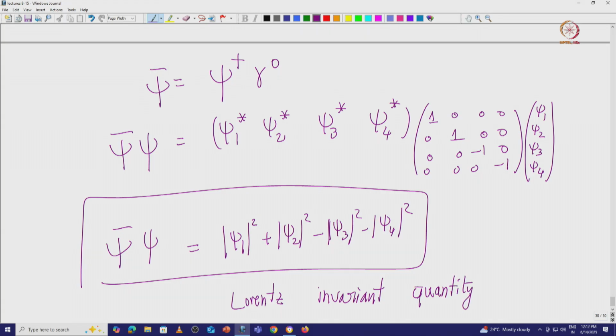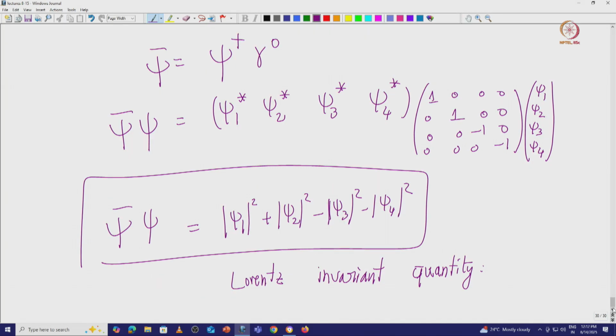We will see why this happens, that this is a Lorentz scalar.